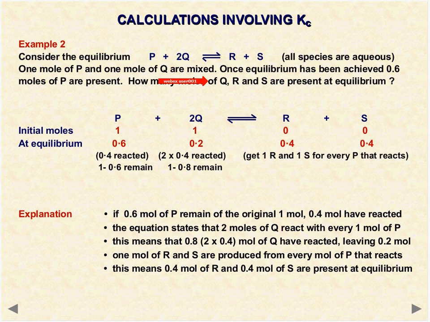At equilibrium, 0.6 moles of P are present. See, if 0.6 P is present, then how much of P has reacted? 0.4. So you get this, right? Because 1 minus 0.4 is actually equal to 0.6, right?